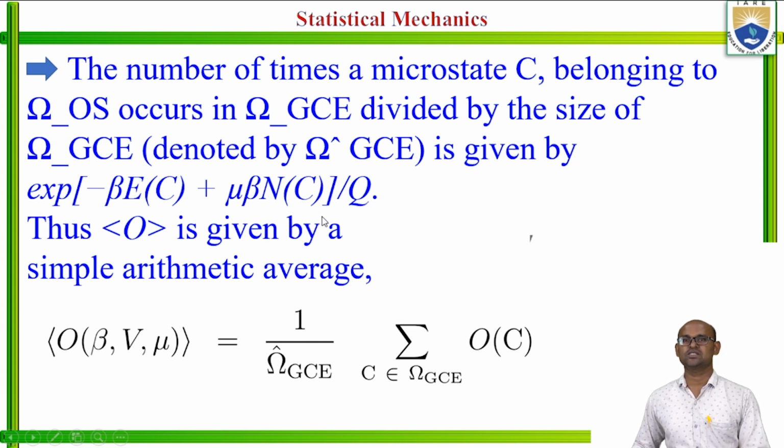So the average is given by a simple arithmetic average when we construct this grand canonical ensemble for this open system, which is given by this: 1 by omega of G, the total number of microstates of this ensemble, multiplied by this sum over all the microstates of this average macroscopic quantity.